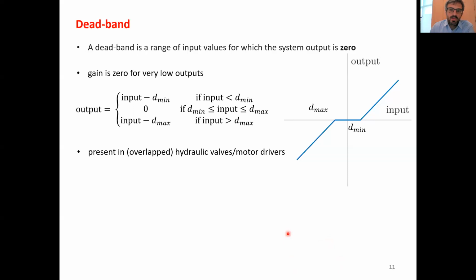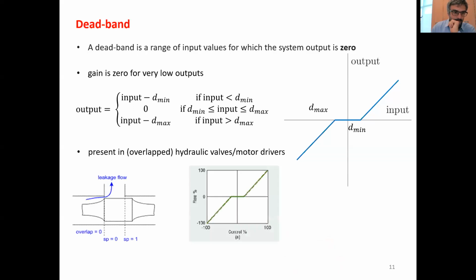This is present, for example, in hydraulic valves with overlap, where the spool, the shifting part that opens and closes the channels of the valve, has some overlap and is closing the channel completely. So to open in the other direction, you need to do a kind of motion where there is no flow. And this appears as a deadband.